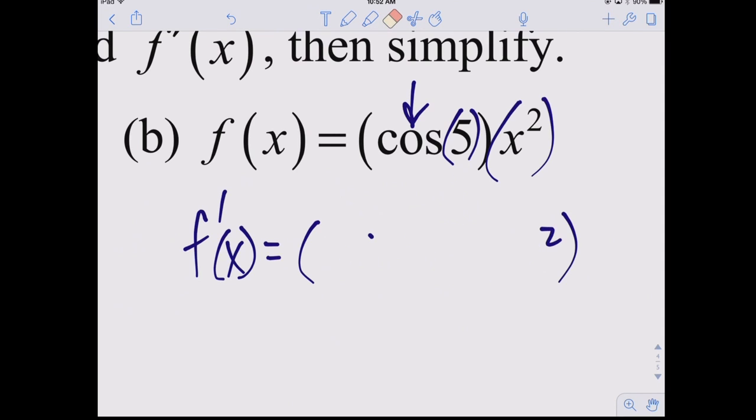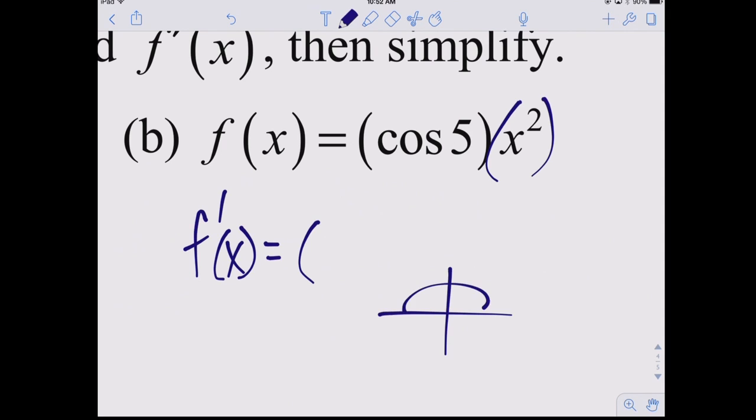So here's the easier way to do it. Just recognize that cosine of 5 is just a what, Austin? It's just a constant. Nice. It's just a number. Is it positive or negative? Where does 5 radians live? It's going to be like this is pi, right?